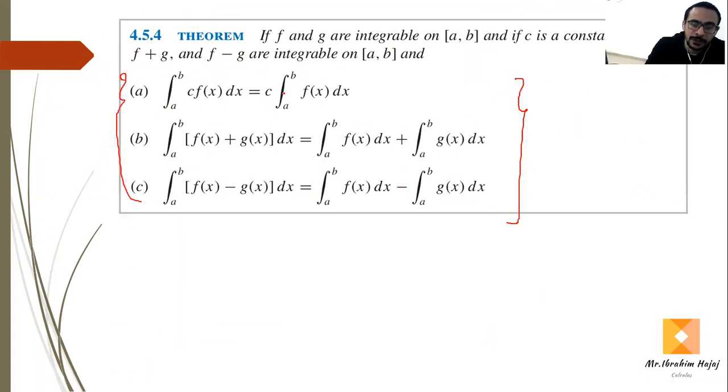When you have a constant, you can write it before the integral sign, take the integral of the function, and then multiply the answer by C. You can also split the integral into two parts, f of x plus g of x or minus g of x.